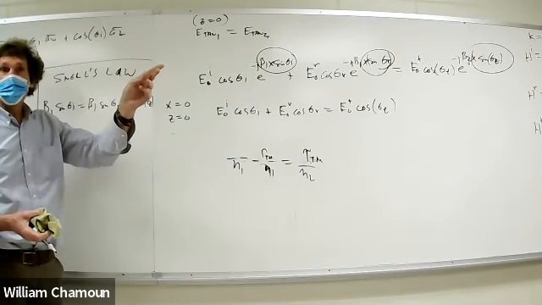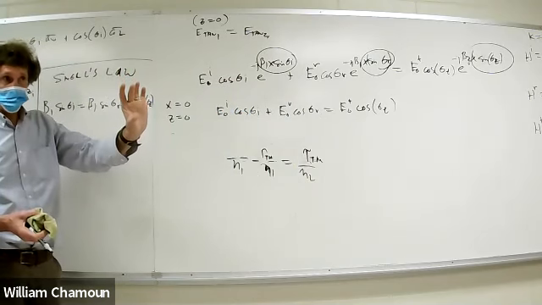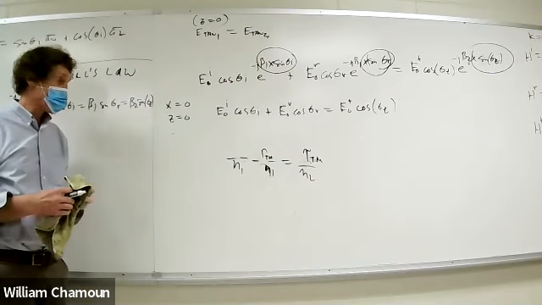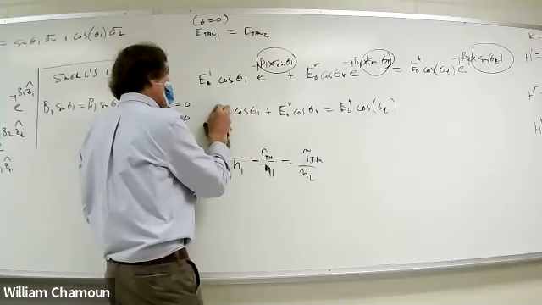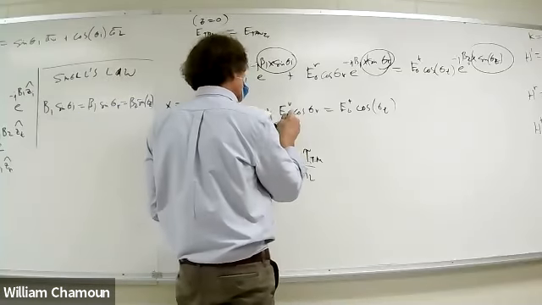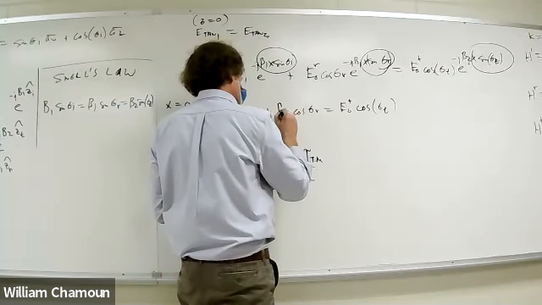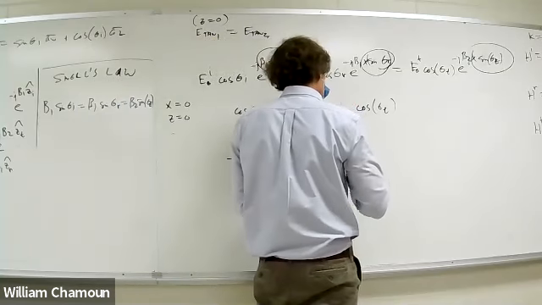E naught transmitted over E naught incident is the definition of the transmission coefficient. With me? Are you with me on this? Sorry. So now I do the same up here, and that goes to 1. This becomes the reflection coefficient, and this becomes the transmission coefficient.